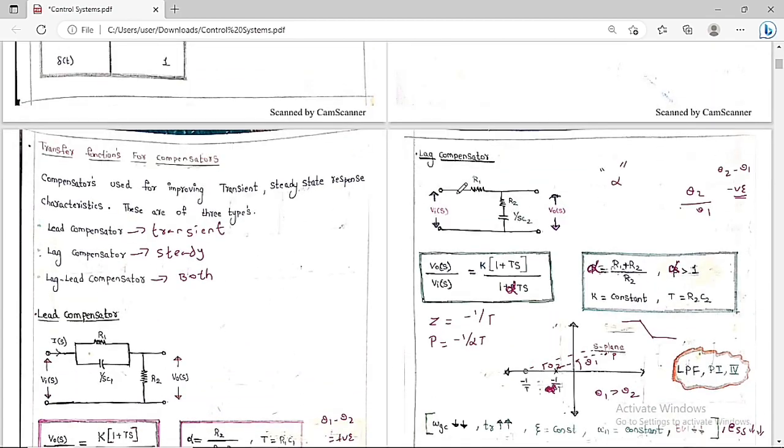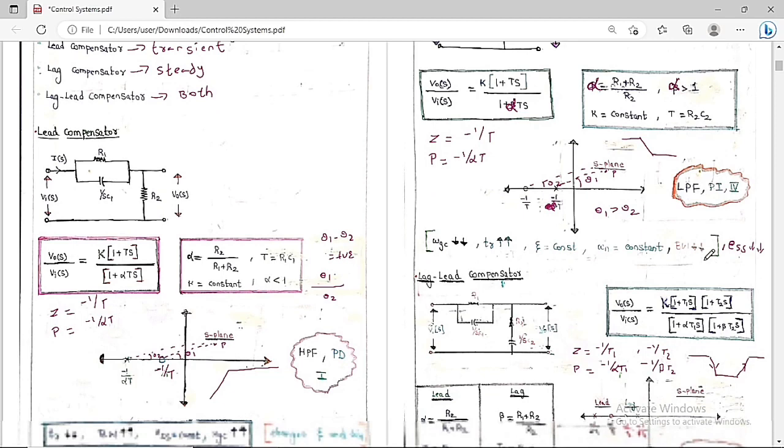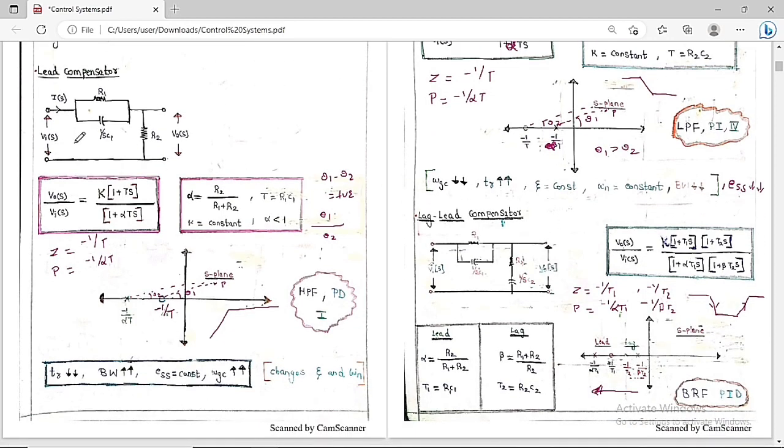In the case of lag, there is no D, so it is called a PI controller. Basically, always keep in mind: lead is used for PD, and lag is used for PID. It's a shortcut to remember.